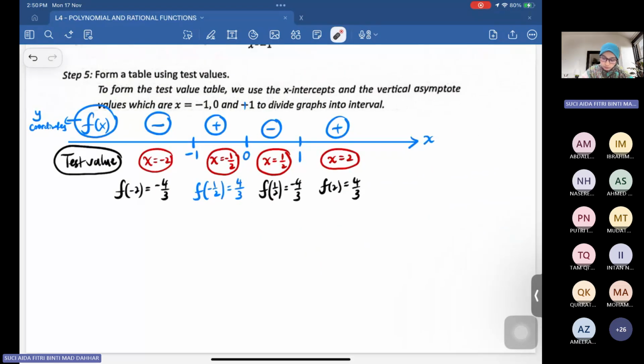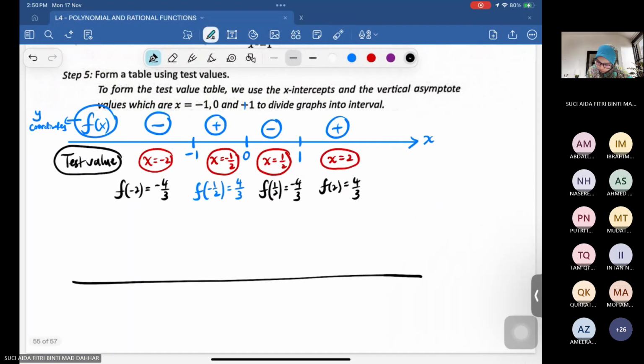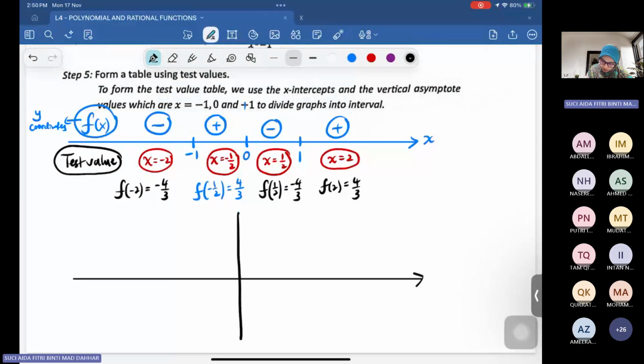So roughly, this is our y-axis. This is my asymptote. I have an asymptote at x equals 1 and an asymptote at x equals -1 as well.